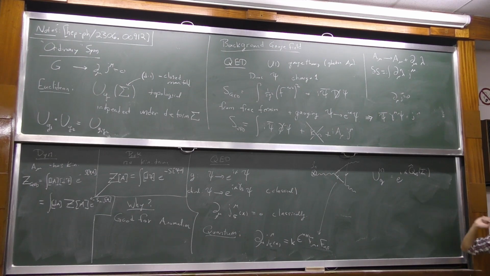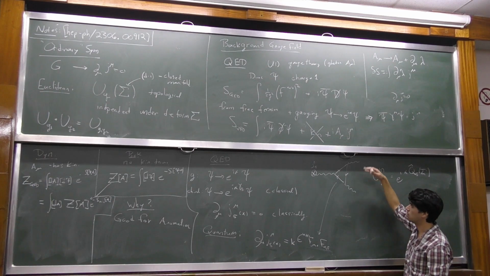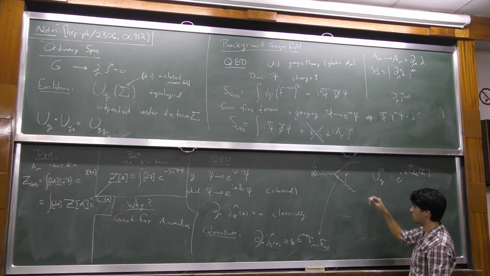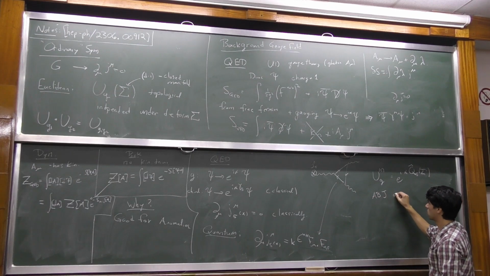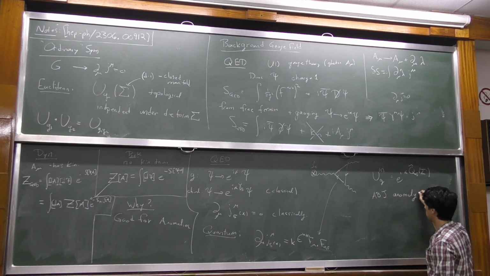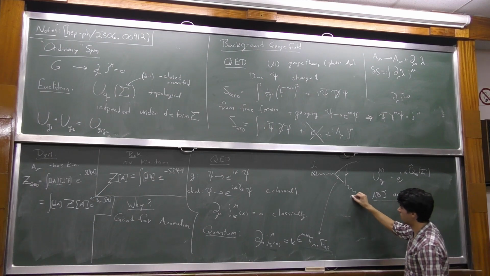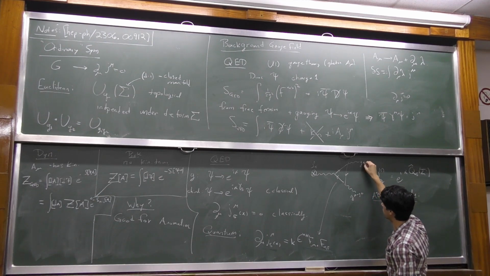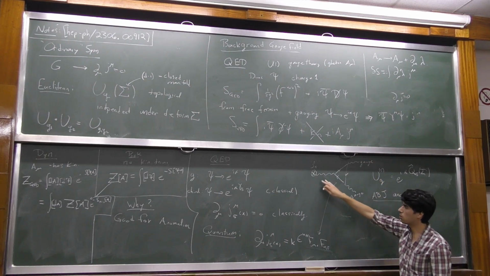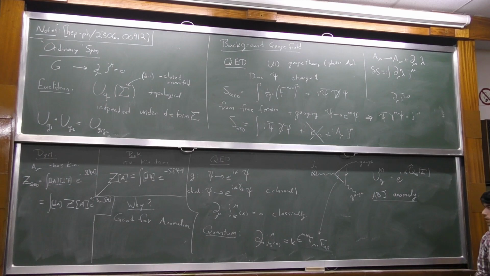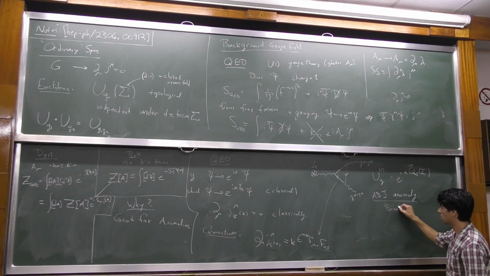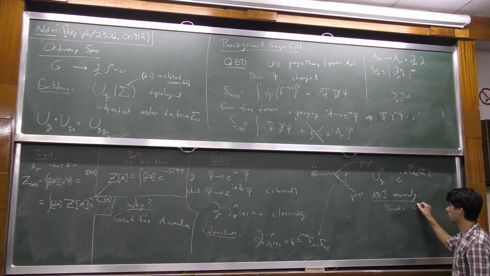Anyways, it's not a topological operator, and so it's just not a symmetry. Your Hilbert space doesn't go into representations of this charge operator. So this is a nice way of seeing it, and this is what we call an ABJ anomaly. The reason is that you have the gauge field here. If you have a global symmetry and two gauge symmetries here, this sort of anomaly breaks the chiral symmetry.